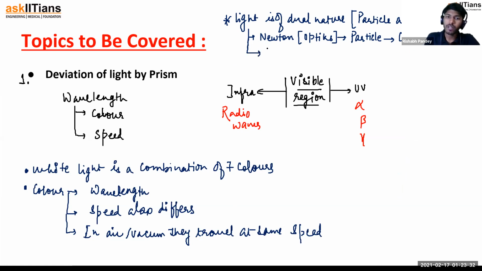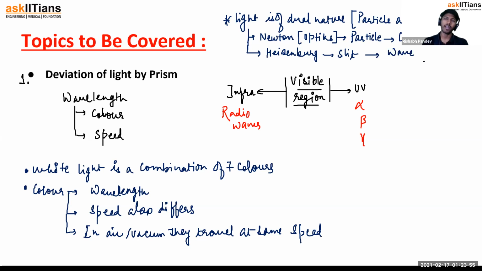But then another scientist came whose name was Heisenberg. He performed an experiment, that is Young's double slit experiment. He performed an experiment of double slit. You just write it as slit. And he said that these phenomena are only possible if light behaves as wave.